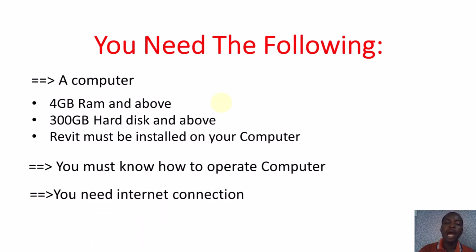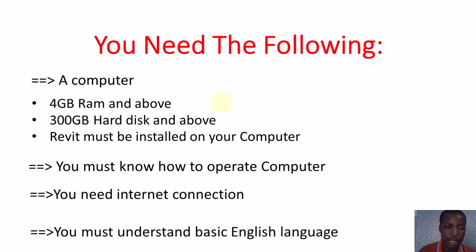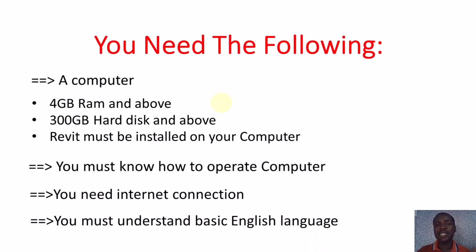All right, and you also need internet connection, because once in a while you need to download certain things from the internet. All right, and you also need to understand basic English language. Now the language we use to communicate here is English language.